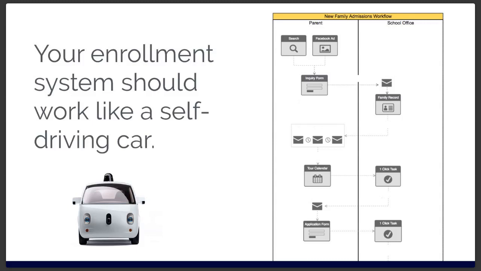And so I highly suggest taking the time either to learn how to use them, or, again, you could have a parent volunteer that's really tech savvy and can build marketing automation systems for you.